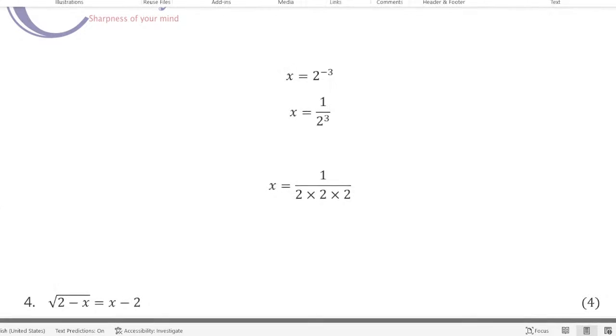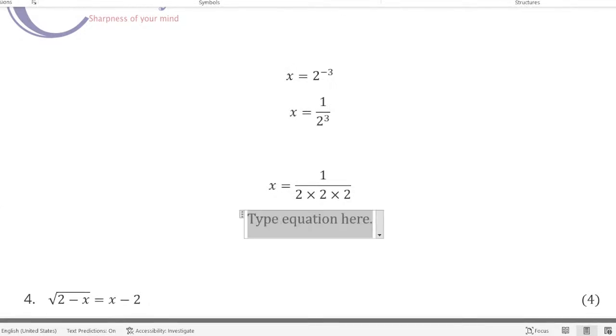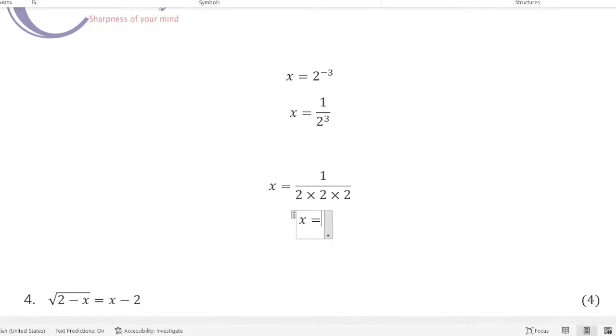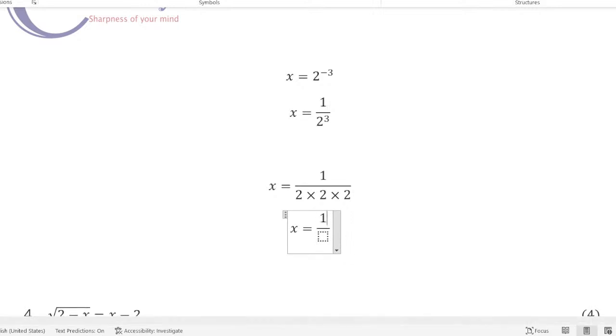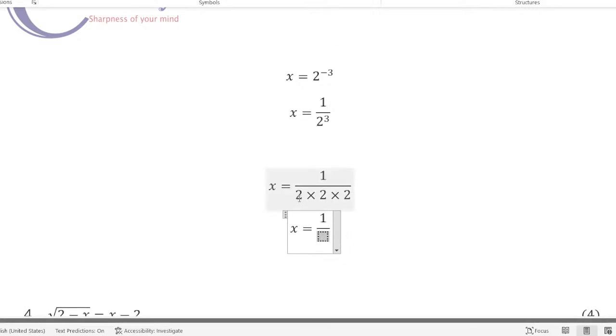Therefore, our final answer will be x is equal to 1 over 2 times 2. 2 times 2 is 4. 4 times 2 is 8. So the final answer will be x is equal to 1 over 8. So this will be the final answer.